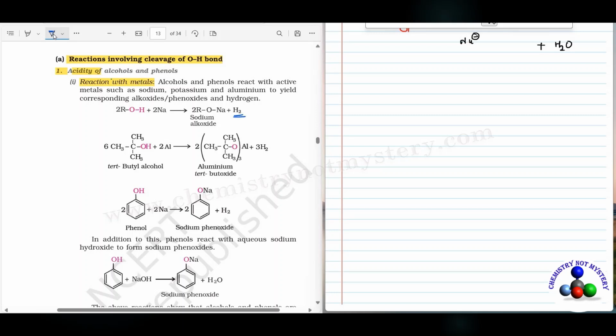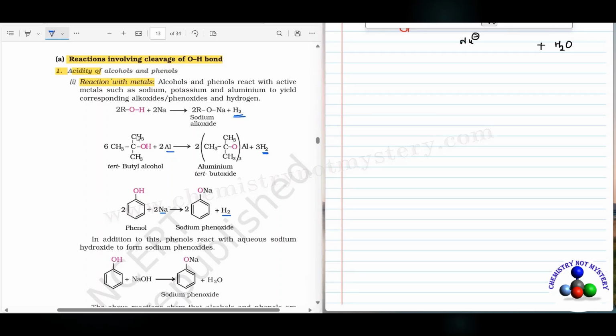In the next reaction, tertiary butyl alcohol reacts with aluminium to form aluminium tertiary butoxide, and hydrogen is removed as hydrogen gas. In the third reaction, phenol reacts with sodium to form sodium phenoxide, and hydrogen is removed as hydrogen gas.